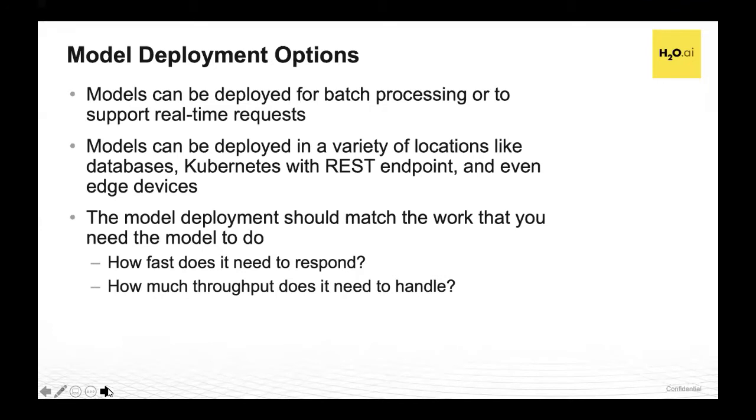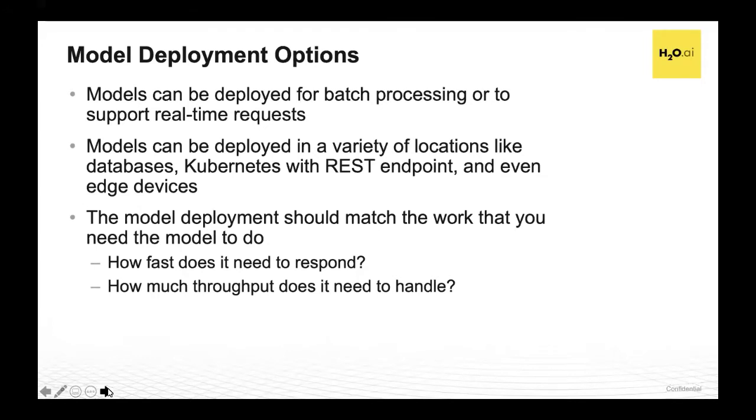Deploying a model to Kubernetes and putting a REST endpoint in front of that is certainly a viable way to deploy models. That REST endpoint can be used for interactive real-time requests. You could use that for batch processing as well, but you'll find that deploying a model directly to a database, for example, might be a better way to do batch processing. So there's a variety of ways you can deploy models.